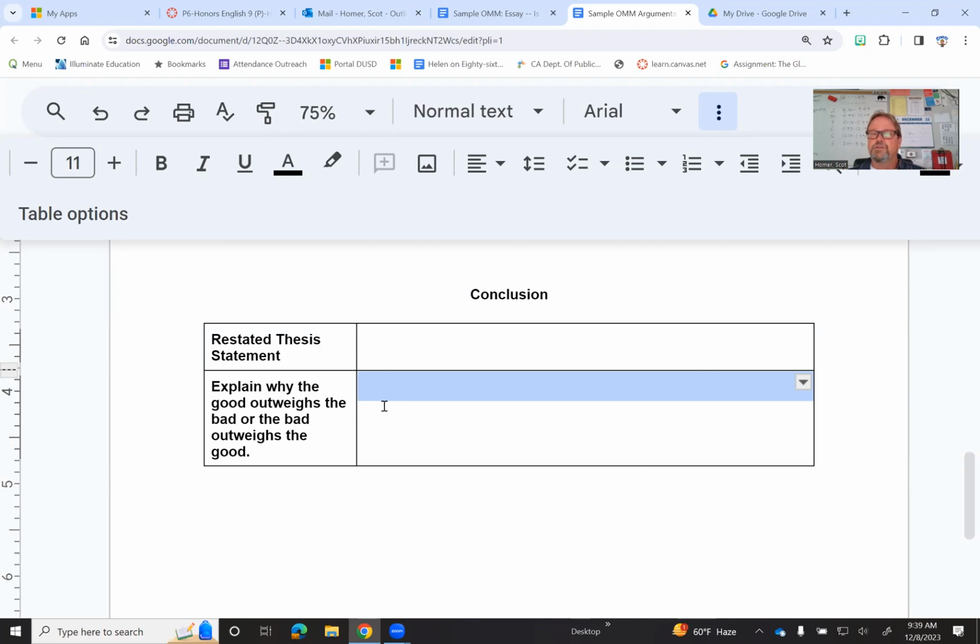And this is where your values, your experience, your voice as a writer really comes through, because you're basically explaining why you think one of these positions is more important than the other, why him being a good friend is a stronger idea than being a bad friend, or conversely, why the bad friend outweighs the good that he does. So that's what you need to do in the conclusion.